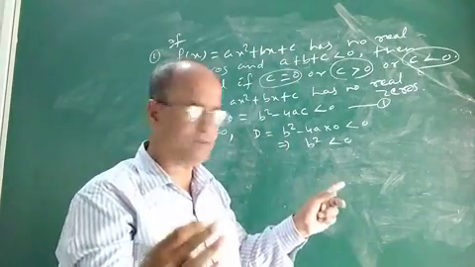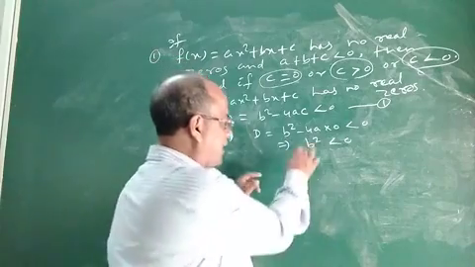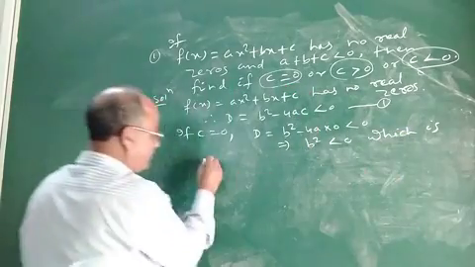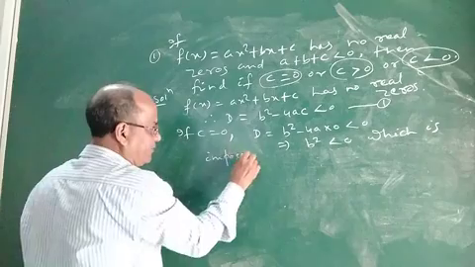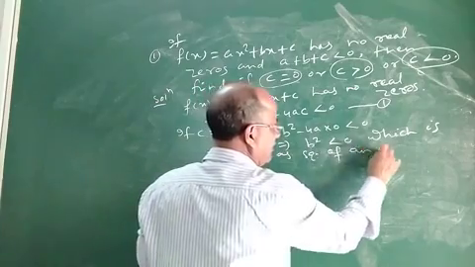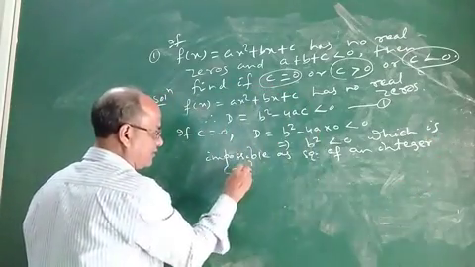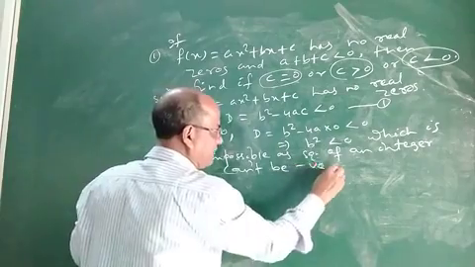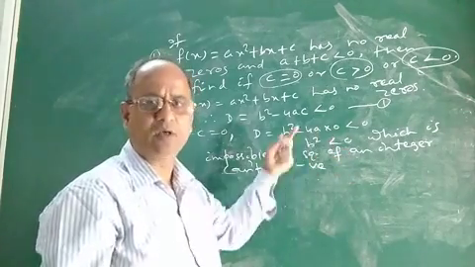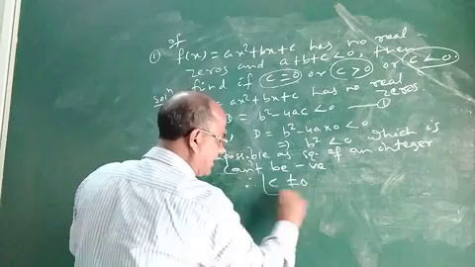So b square less than 0 is impossible, as the square of an integer cannot be negative. So we saw that if c equal to 0, then b square is coming negative, which is impossible. Therefore c is not equal to 0. C cannot be equal to 0.